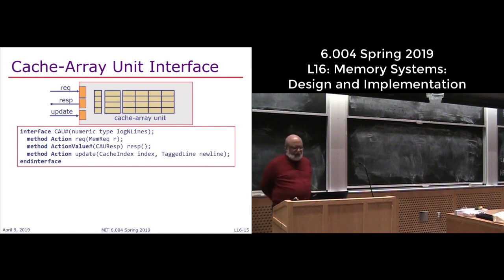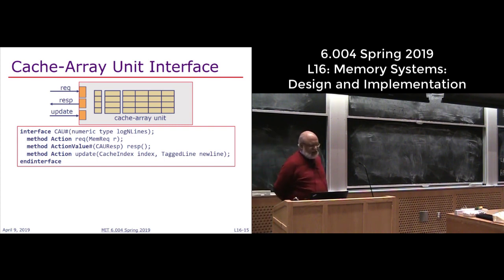Okay, so you have seen the interface now. I've already explained all these things. You have a request going in, and a CAU response is going to be all the information across a line in that. And the update action will be: I'll give you one such line and you'll just go and write it.